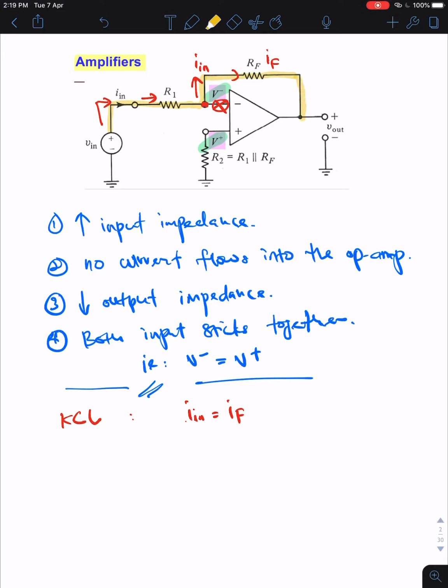So I in equals (V in minus V minus) over R1, which equals IF, where IF is (V minus minus V out) over RF.